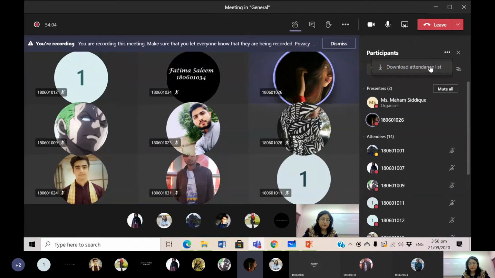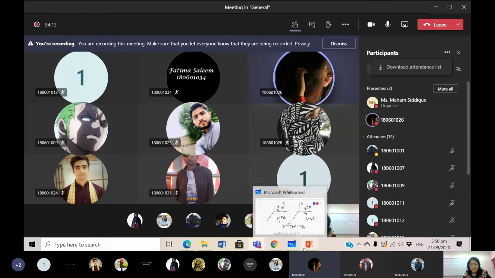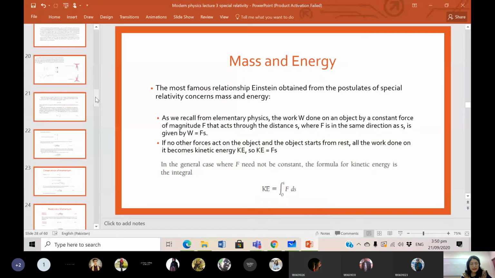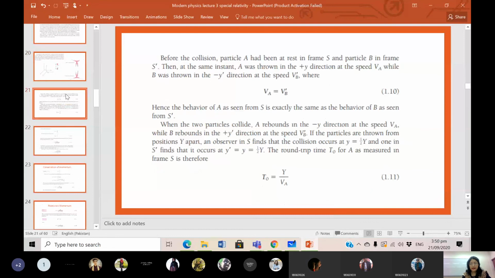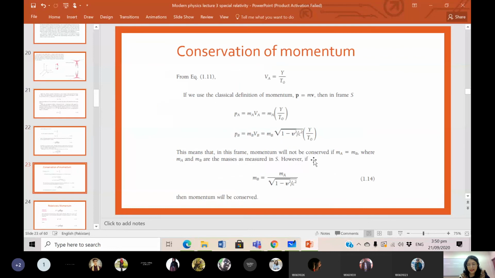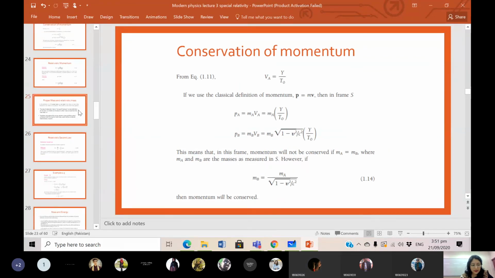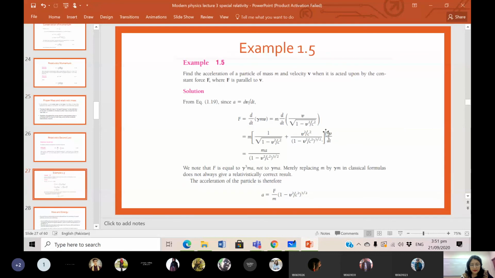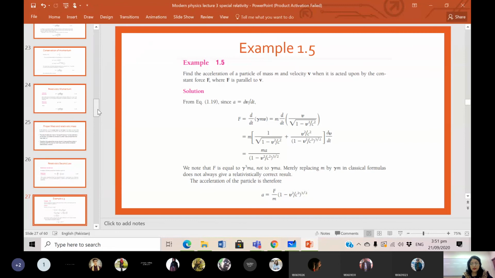Ma'am, can we get this derivation in neat form? Sorry, derivation? You can send it in the group in neat form. This is already in the PowerPoint, and all the calculation is already done in it, but what basically do you want to know? All the steps are already there. I think the only thing not there is the integral, the derivative. But this is an example.